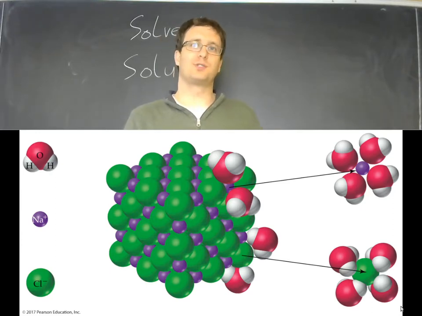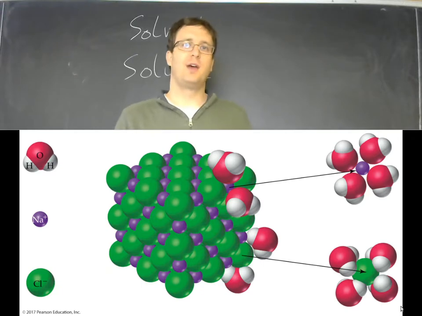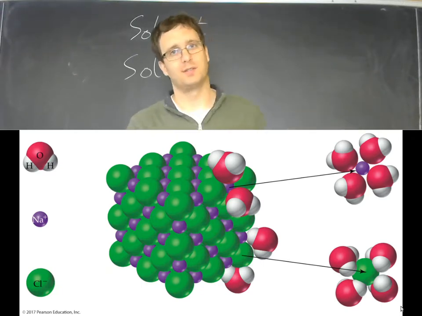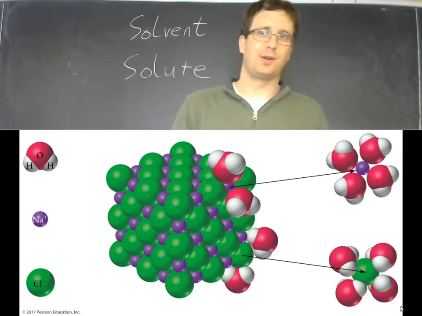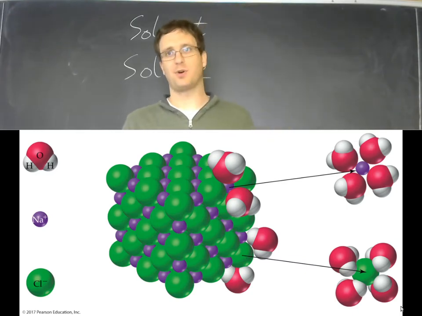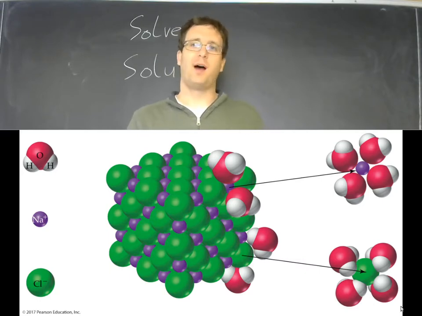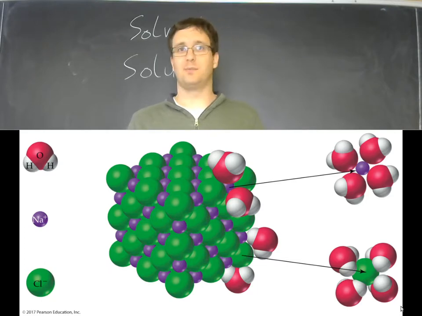The new solvent-solute interactions are greater in magnitude than the solvent-solvent and the solute-solute interactions. That means that the process of solvation releases energy, and these are salts that tend to be more soluble because of the energetic stability of the solution.